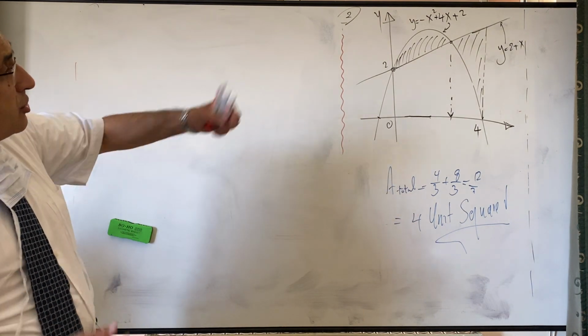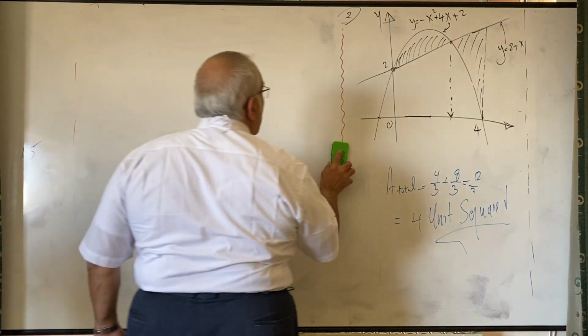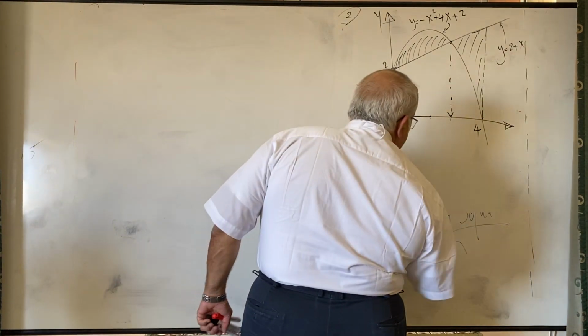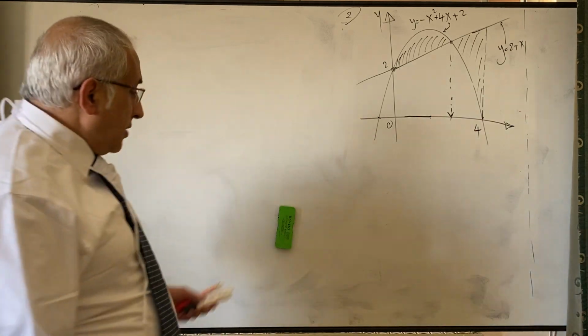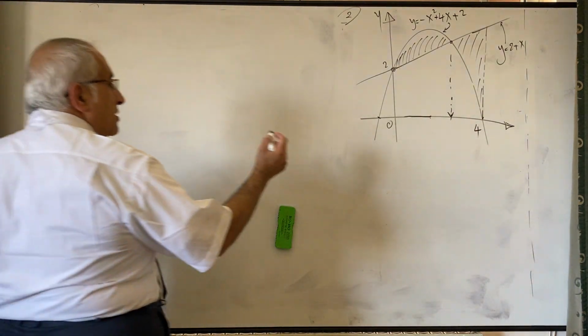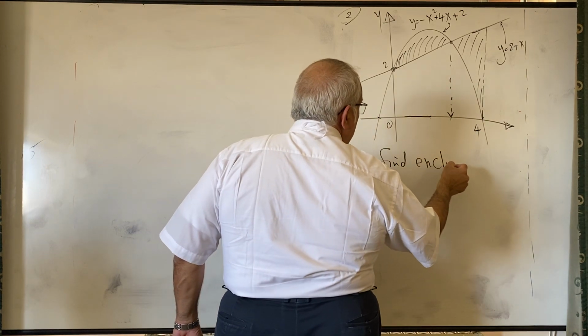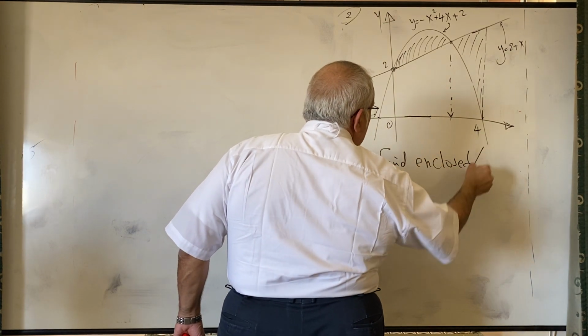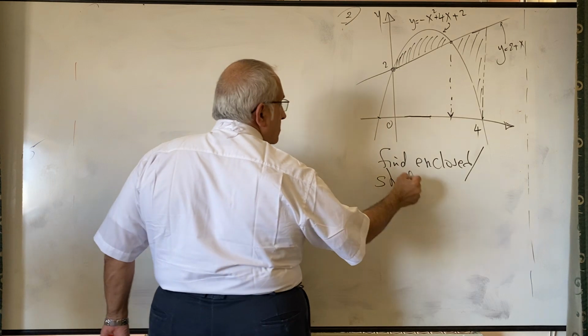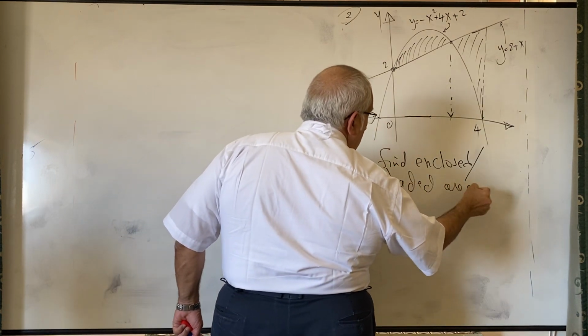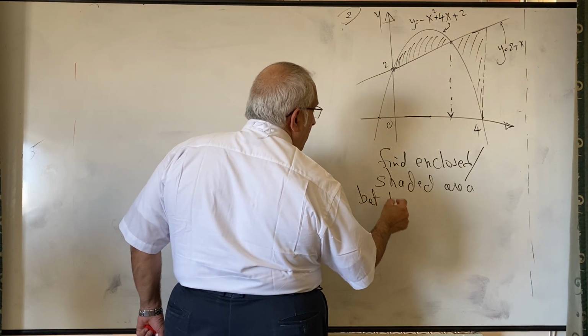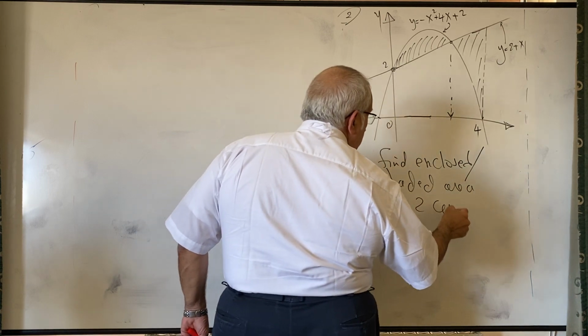Anyway, let's look at the second equation or the second curve. I'm looking for the area bounded, or let me write the question simply: find the enclosed area, or I can say shaded area, between the 2 curves.